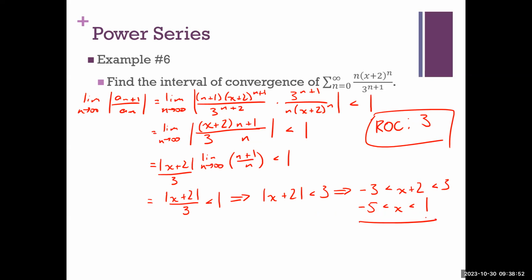So we've done a lot of that. But now what's the last thing we have to look at? We have to test what's happening at the boundary. So when x is equal to -5, we get the series from n equals 0 to infinity of n times -3 to the n over 3 to the n plus 1.